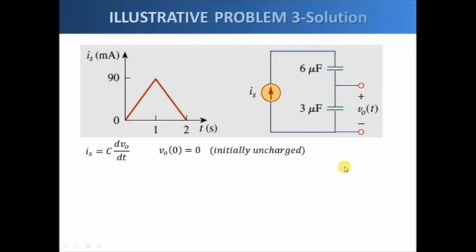Since we know that the current through the capacitor is related to the time rate of change of the voltage across it, we have I sub S equals C dV sub O over dt, where V sub O is the voltage across the 3 microfarad capacitor.